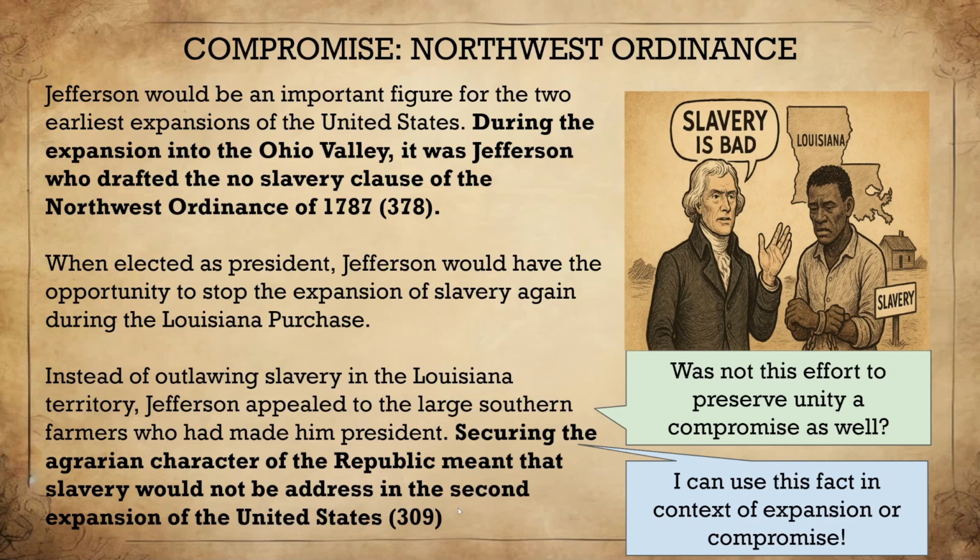If you look on page 309, Jefferson was more concerned about securing the agrarian character of the Republic, even if that meant the institution of slavery was allowed to spread into the Louisiana Territory. This is a compromise.